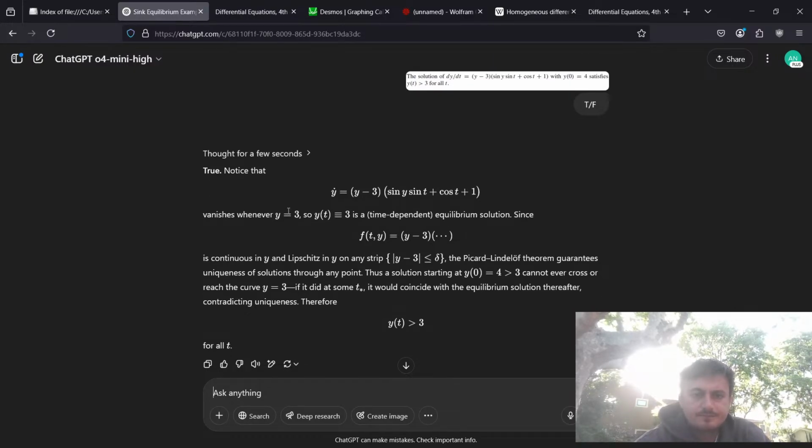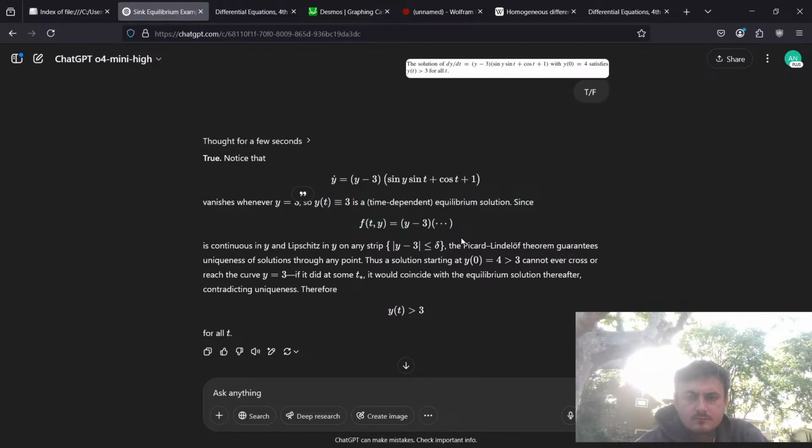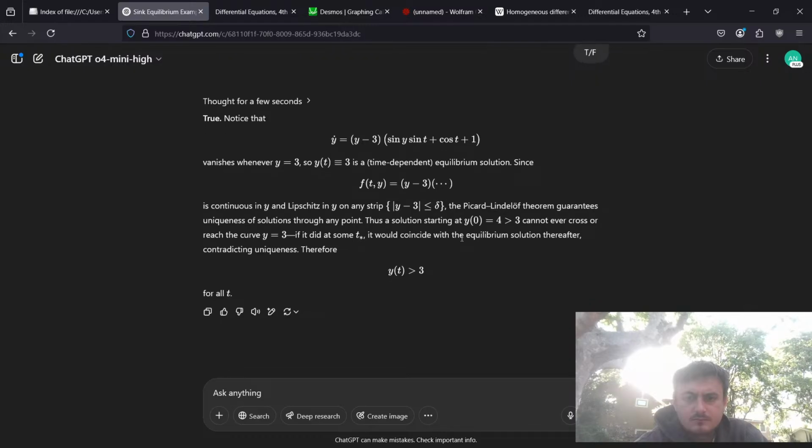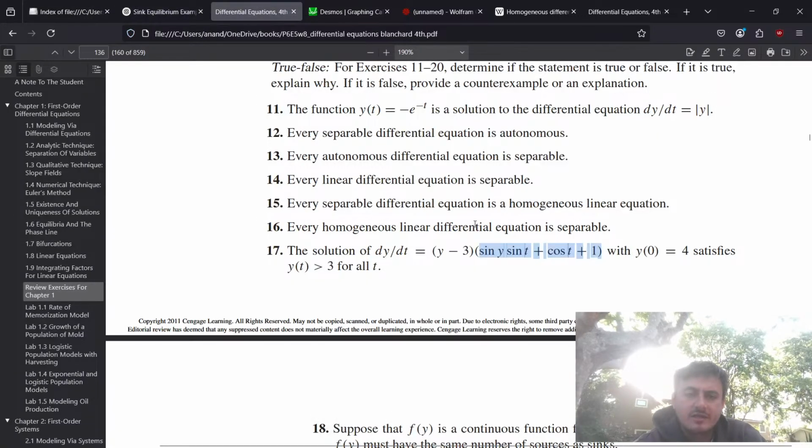Notice that, right. Oh, right. Even if the derivative goes negative, you're never going to cross it because you started above it.